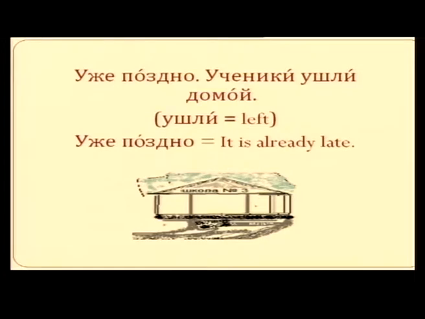So, они ушли домой. They have departed or they have left for home. You can also use уже поздно, мой друг ушел, уже поздно, моя сестра, она уже ушла. So, here with these examples, уже поздно, ученики ушли домой.